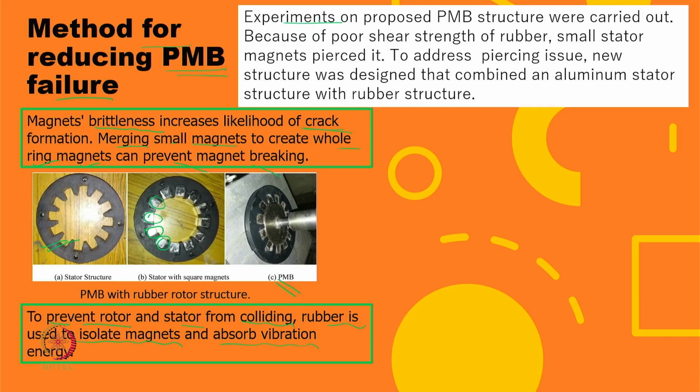We say experiments on the proposed PMB structure were carried out. Now, what is the problem here? The rotor and stator were not colliding with each other that much. What happened? The next problem came because of the rubber material. The shear strength of the rubber material is very bad, and this had a piercing effect.